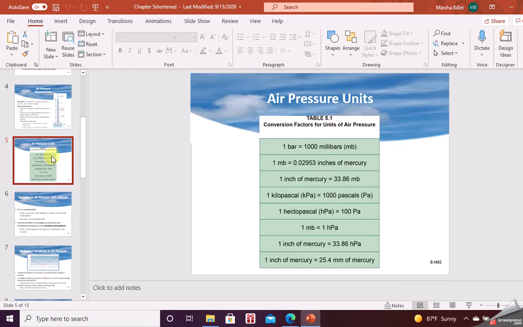And you can relate them to inches of mercury if you want. Basically, around 1,004 millibars is about the same as 29.97 inches. That would be about the normal atmospheric pressure. If it's below that, it's going to be tending towards low pressure. If it's above that, it's going to be tending towards high pressure, typically.